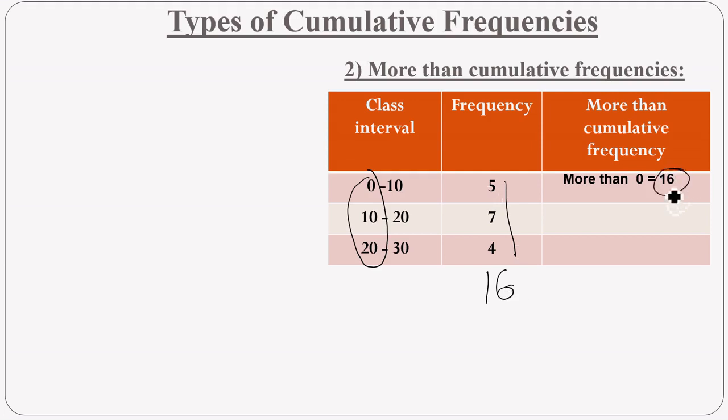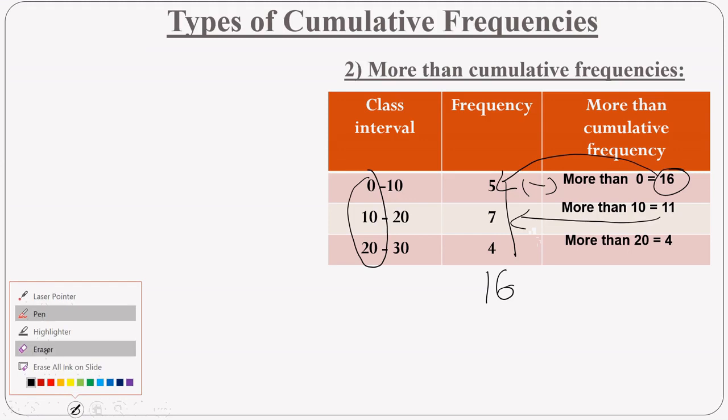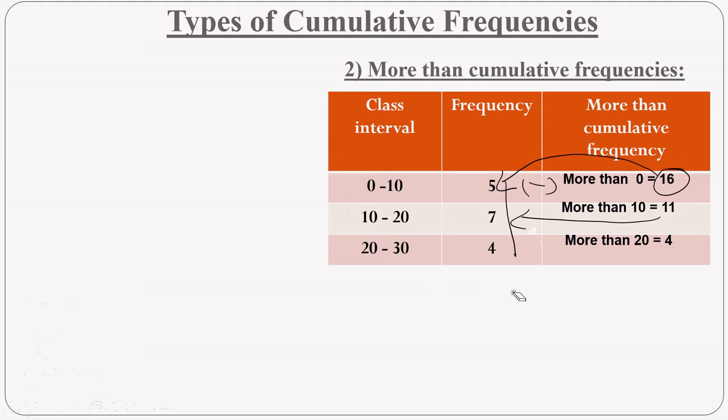Then what we need to do, 16 minus 5. You got the point? So 16 minus 5 will be 11. Same way, 11 minus 7, you will be getting 4. So this is the value we need to understand with regards to the more than cumulative frequency.